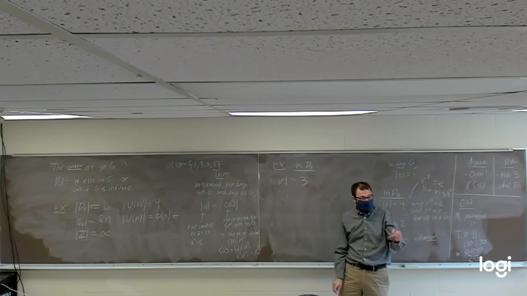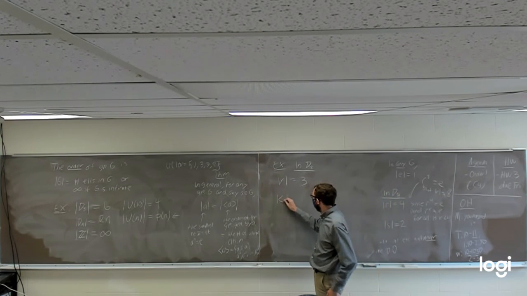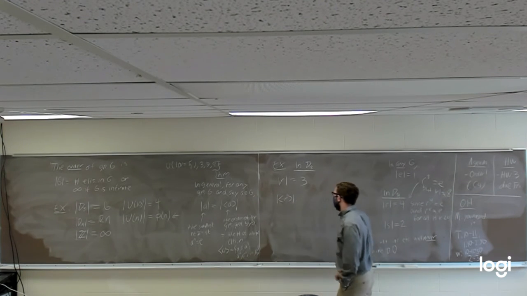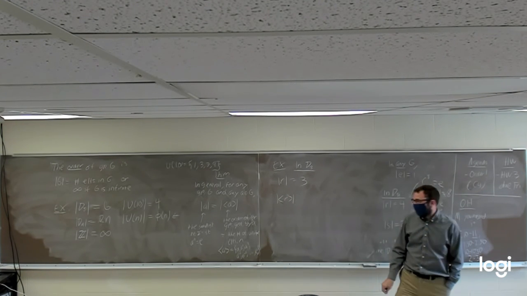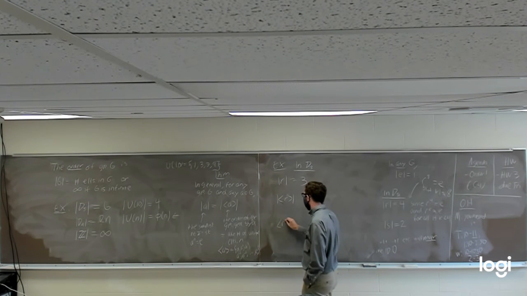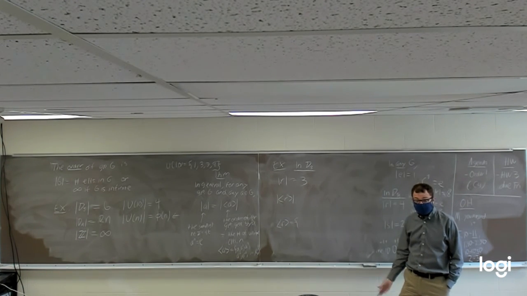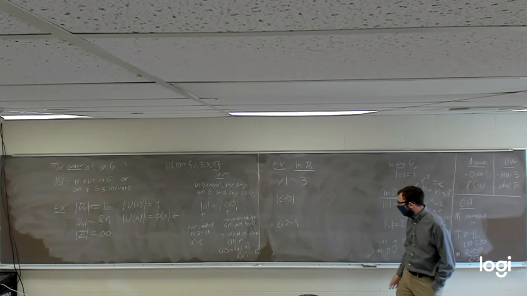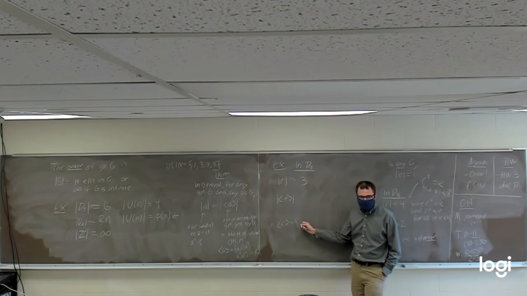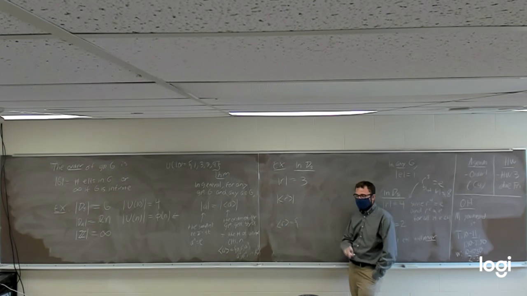But on the other hand, if we were to look at the order of the group generated by R, let's see what's going to be in this group. Well, can anybody give me an element in the group generated by R? Gotta have the identity.